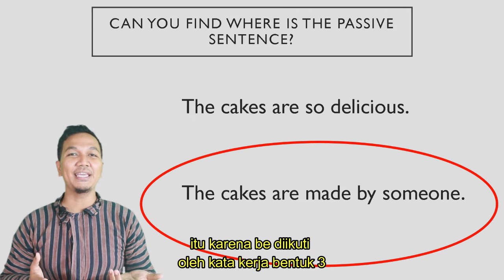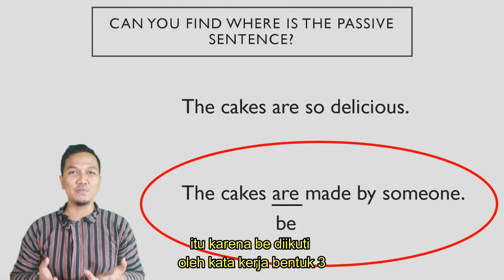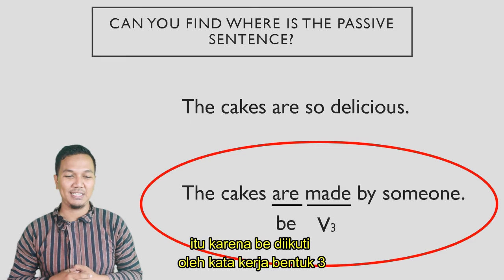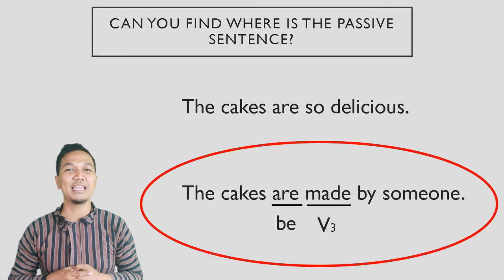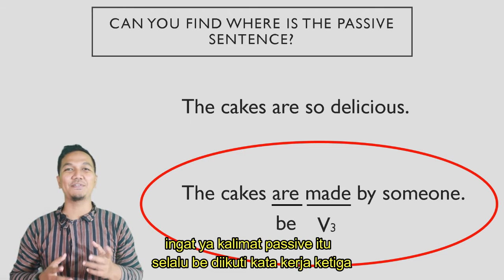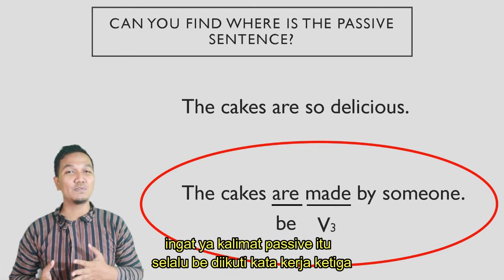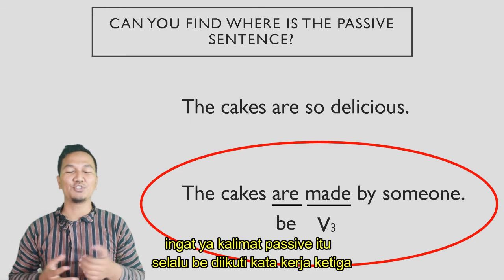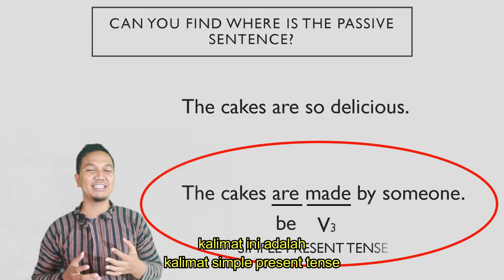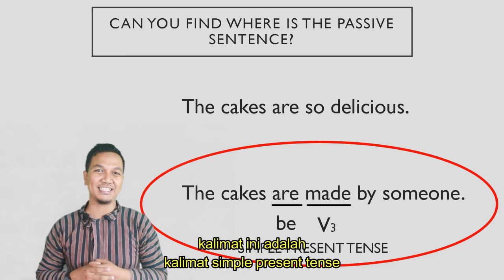Because be is followed by verb 3. Are followed by made as a verb 3. Remember, the passive is always be form followed by verb 3. This sentence is simple present tense.